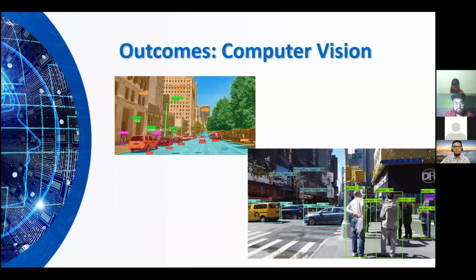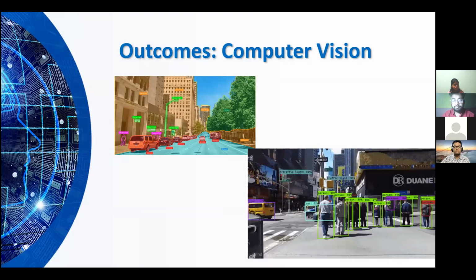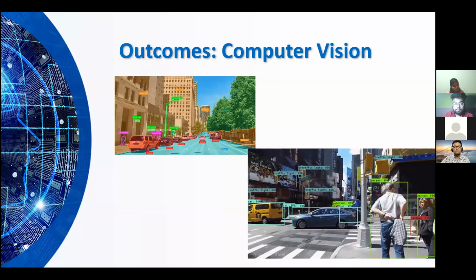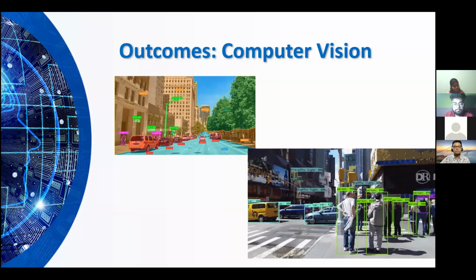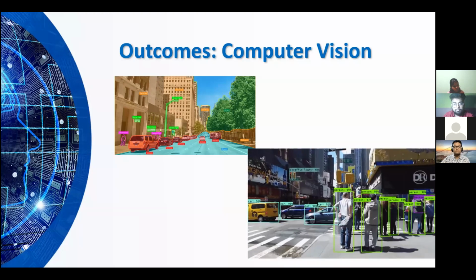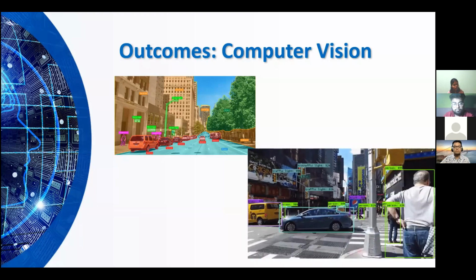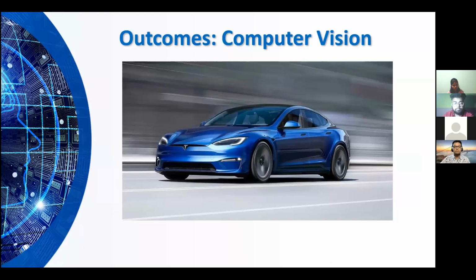In the right bottom corner, you see how the model can easily predict what the object is, as well as segment it using a sophisticated neural network model. Another outcome can be the self-driving car. We have almost reached the level where we don't need a driver in a very controlled environment.